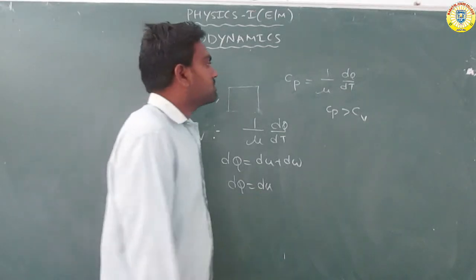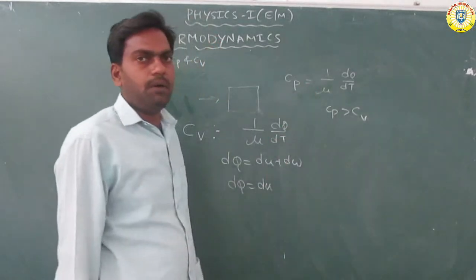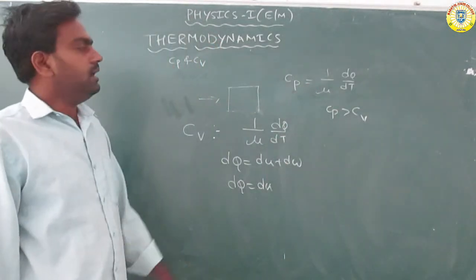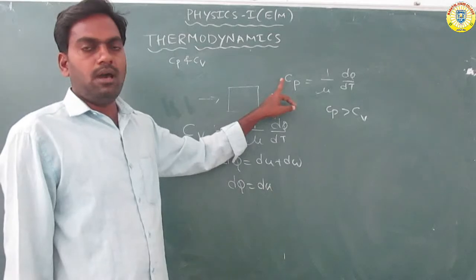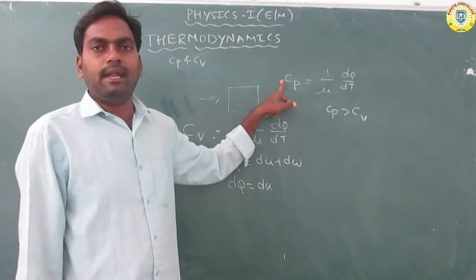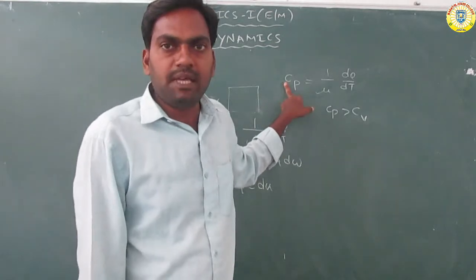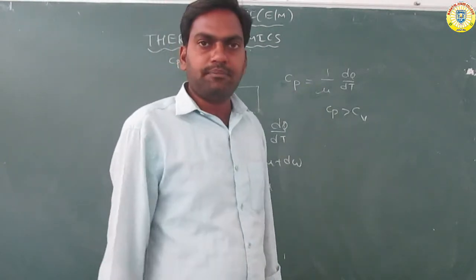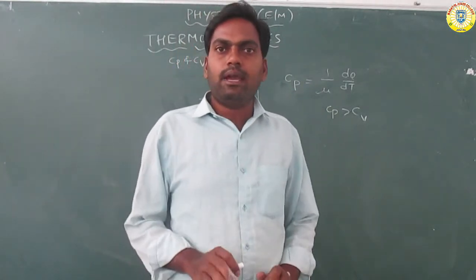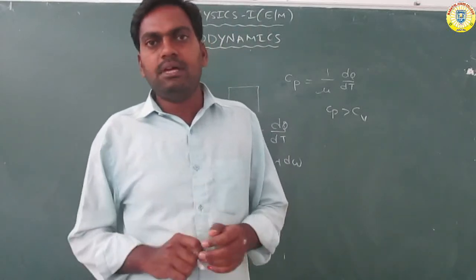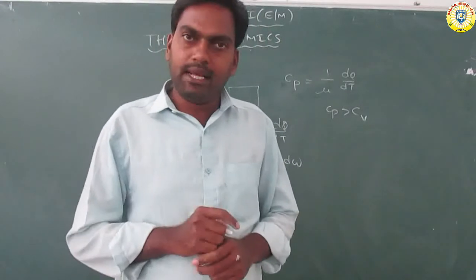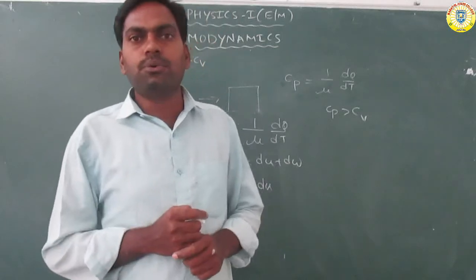Now the other case. The same phenomenon applies here. Cp is the molar specific heat capacity at constant pressure. The heat supplied to the system is used to increase the internal energy, or temperature, and also to do some work.